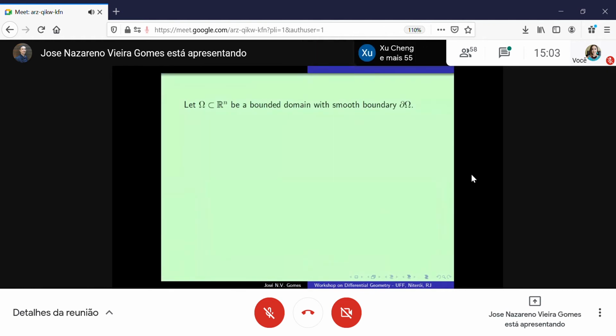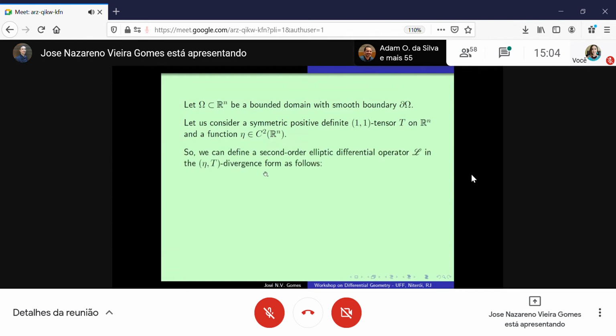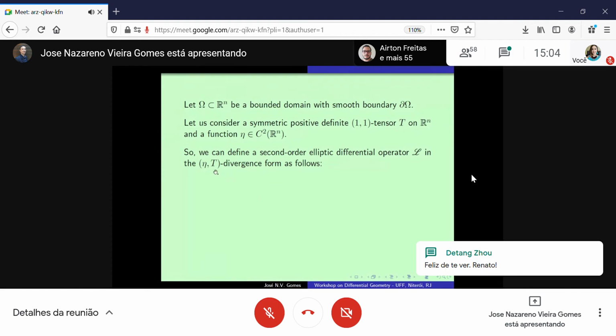In this talk, omega is a bounded domain with a smooth boundary. Let us consider a symmetric positive definite (1,1) tensor T on Euclidean space and a function eta. So we can define a second order elliptic differential operator L in this eta-T divergence form as follows.